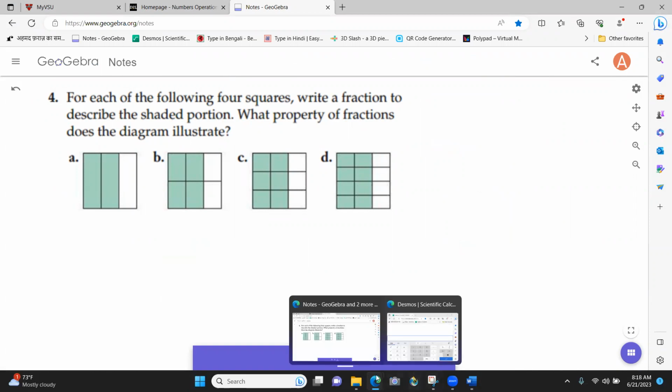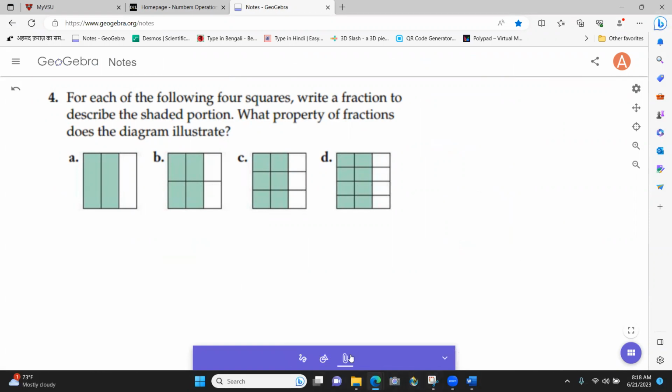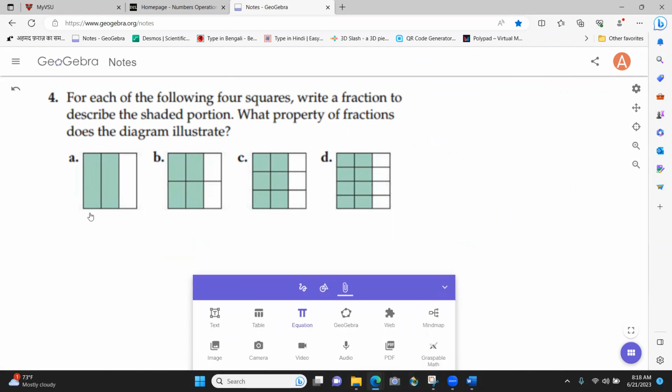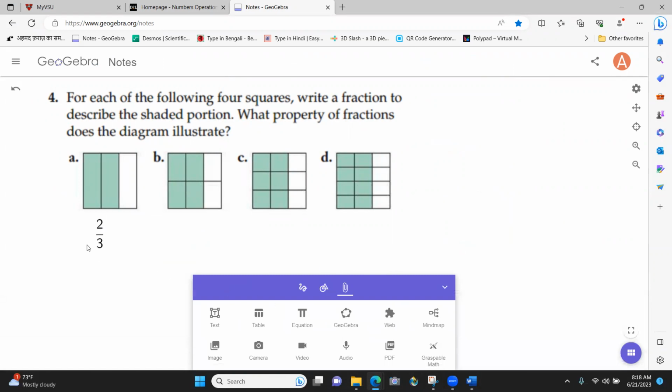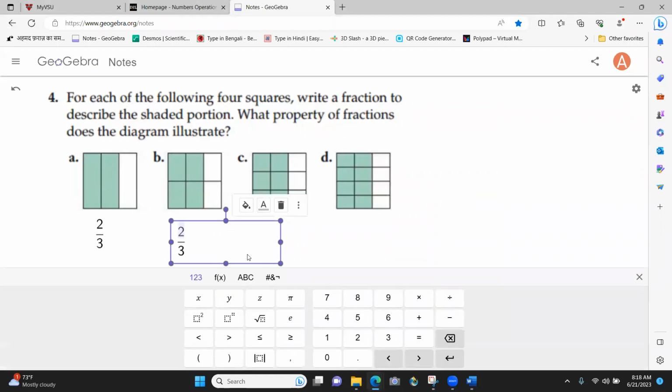Well, the first one is 2/3. The second one is 4/6. 4 parts are shaded out of 6 equal parts.